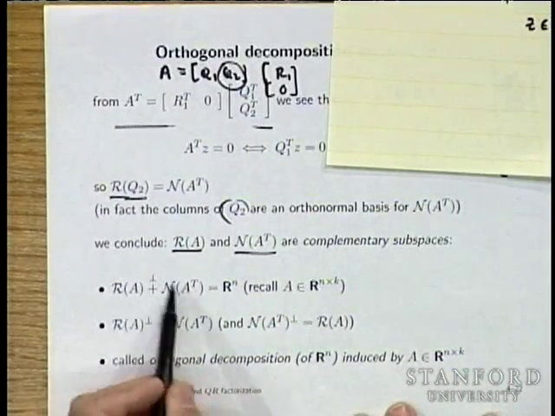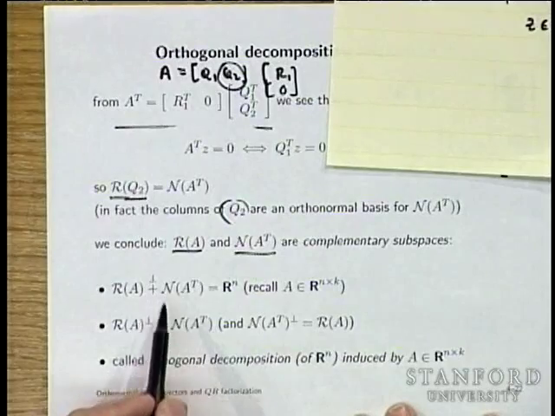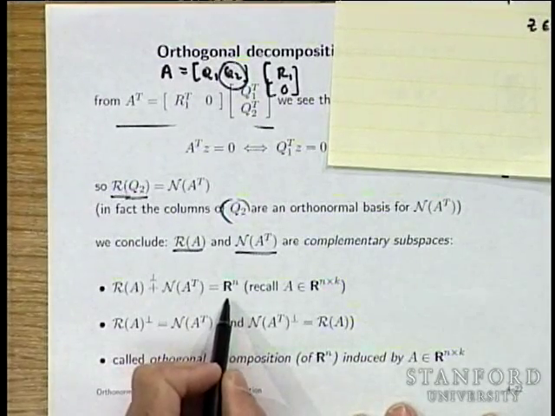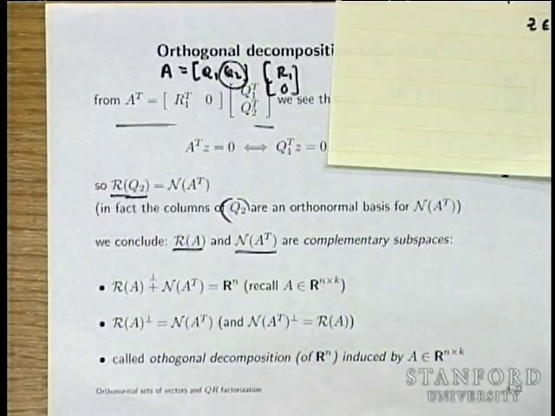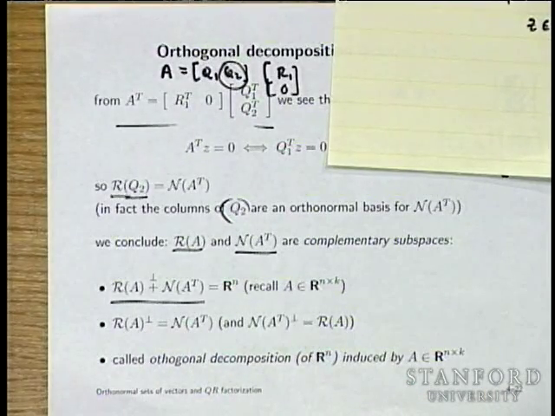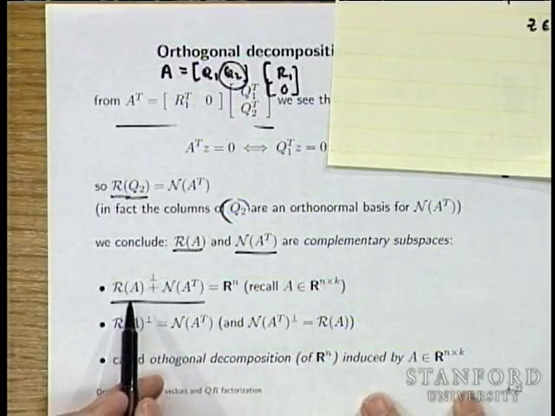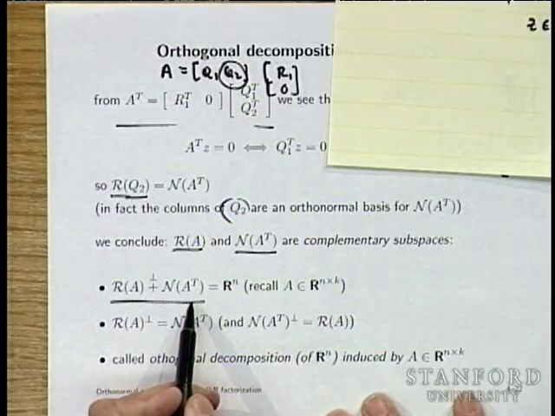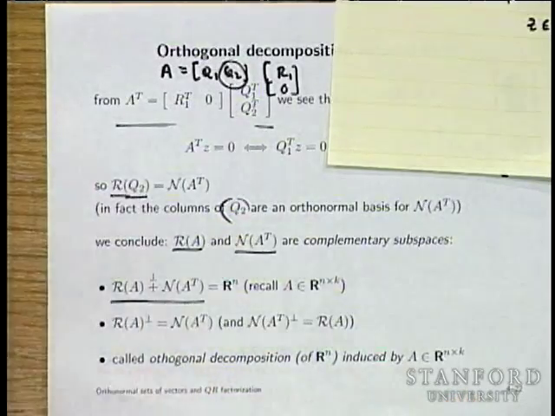That means they add up to all of Rn, and they're also orthogonal subspaces. One consequence is that every vector in Rn can be written uniquely as a sum of a vector in the range of A and a vector in the null space of A transpose. And moreover, those two vectors are orthogonal.